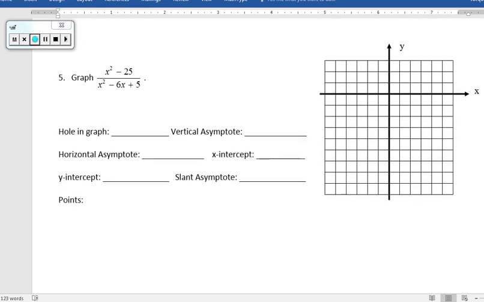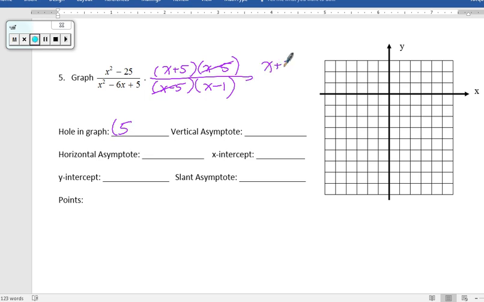First thing we're going to do is factor both the numerator and denominator. So that's for the numerator, that's a difference of two perfect squares. And the denominator, we're going to get x minus 5, x minus 1. The x minus 5's cancel, that's going to get us a hole with an x value of 5.